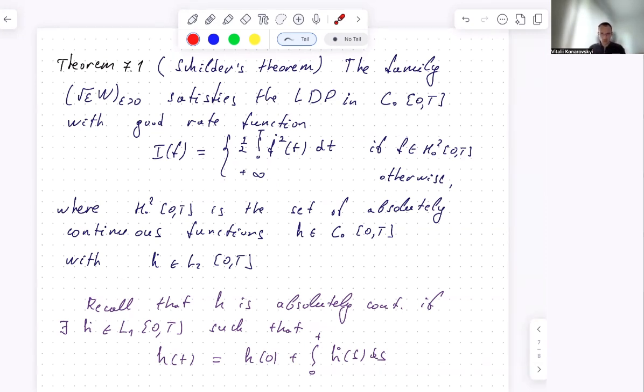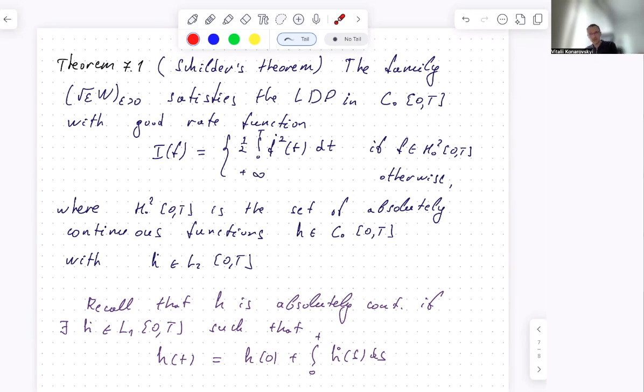And you should remember that we already discussed that to be able to prove the lower bound in the large deviation principle, you actually just need to work with the probabilities that your random objects belong to some balls, and then estimate those probabilities from below. For the upper bound, it is not enough to work only with balls, but working with balls, you can get the weak large deviation principle.